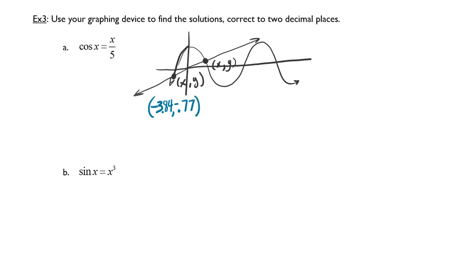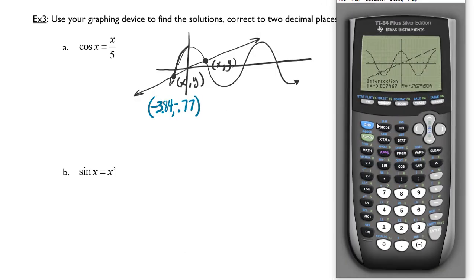Now let's check the next one. Go through the process again, second, calc, intersect. Say yes, this is my first curve, enter. This is my second curve, enter. And then guess the next intersection point.